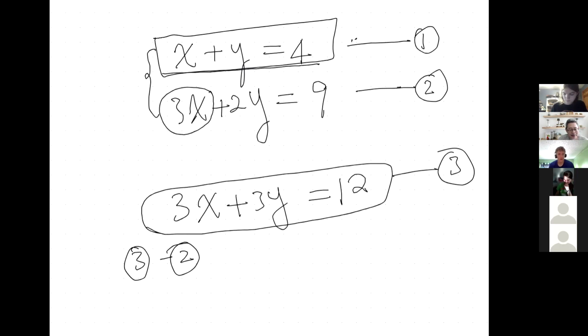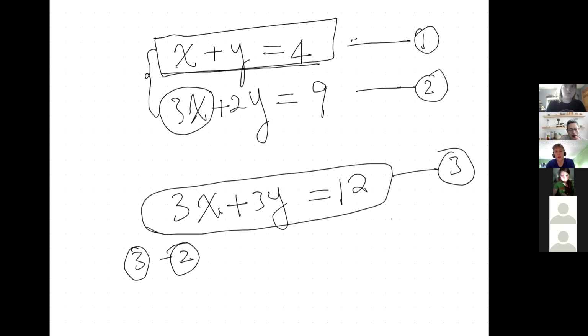Be more specific. We can subtract the lower one from the top one. We're trying to get rid of one variable so we can solve for the other. I guess we can get rid of x in this case. Yeah, that's the reason I multiply 3 on both sides, so I can get rid of x.